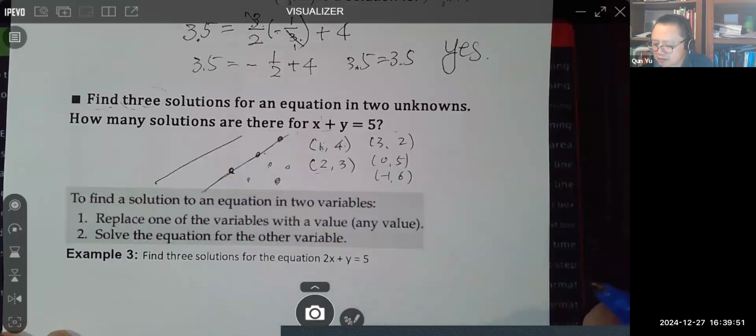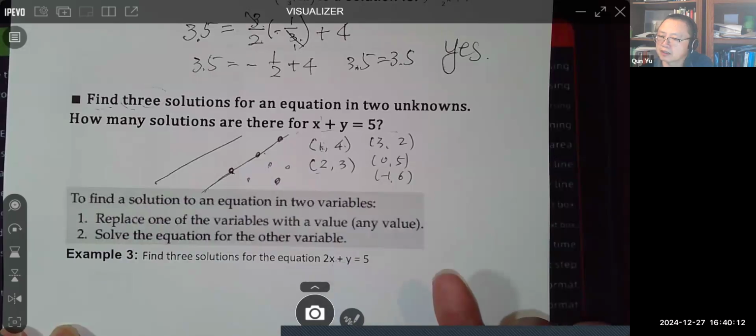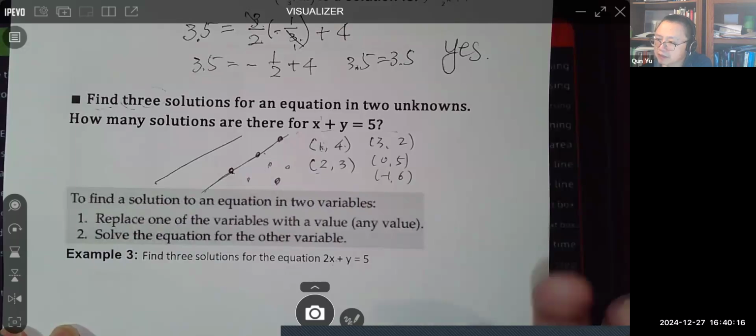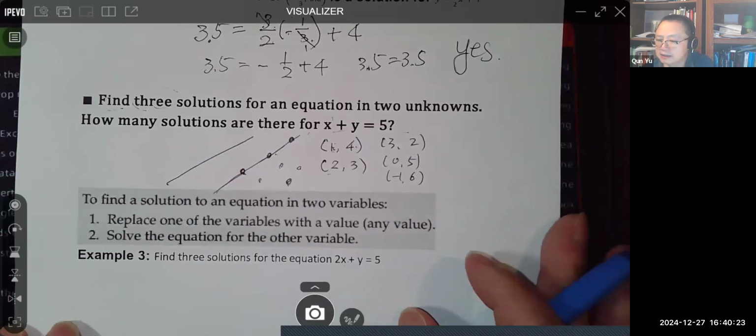To ensure the point is on the line, you randomly select one number for one of these 2 variables, then you calculate the value for the other variable. If you randomly assign a number to x, then you calculate y. If you randomly select a value for y, which is totally fine, then you calculate the value for x. Either way is okay, depending on which one is easier to do.